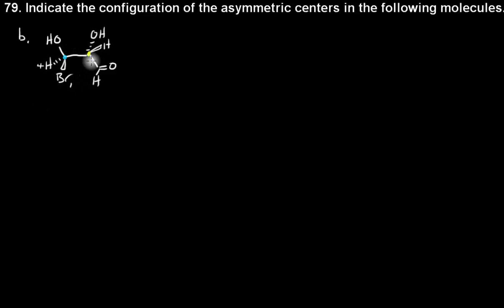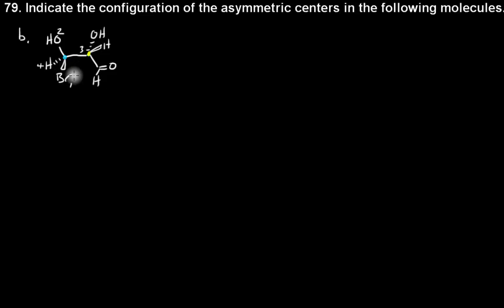After that, it's even simpler, because between the oxygen and carbon, oxygen's obviously higher atomic number, so this is going to be the second highest priority, and then from there we're going to have the carbon. So it doesn't really matter what all of these different groups are, it's just necessary to recognize that this carbon is lower atomic number than the oxygen. So this is going to be the third priority.